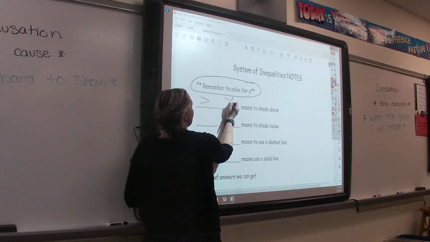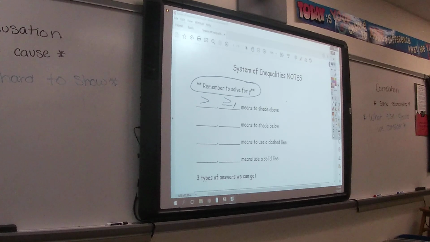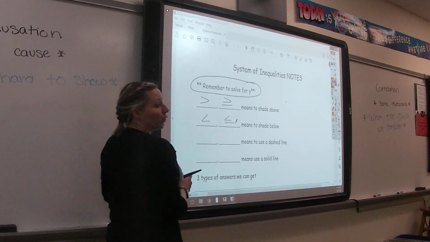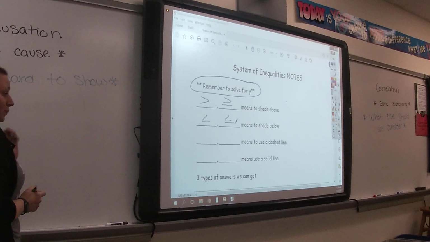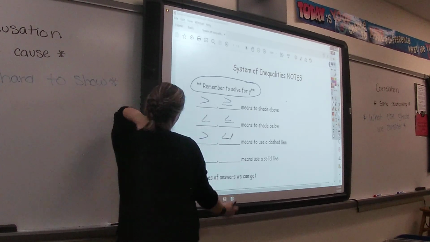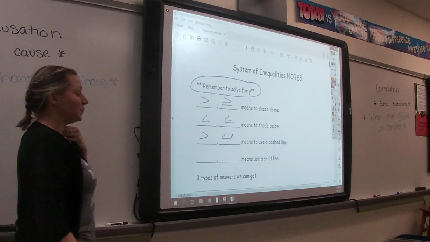If it was greater than or equal to, we would shade above. Okay, if it was less than or equal to, we would shade below. Greater than or less than told us to use the dashed line.